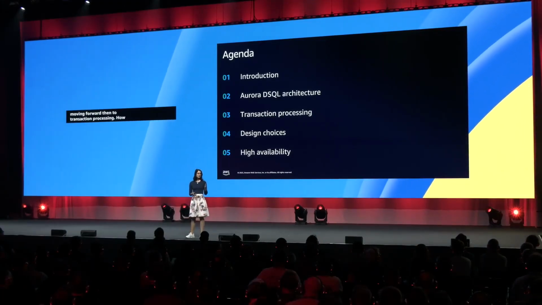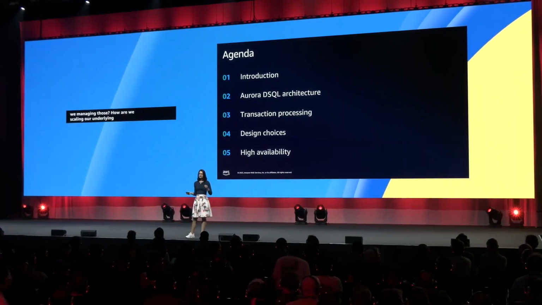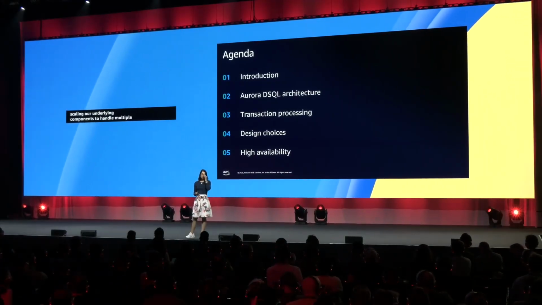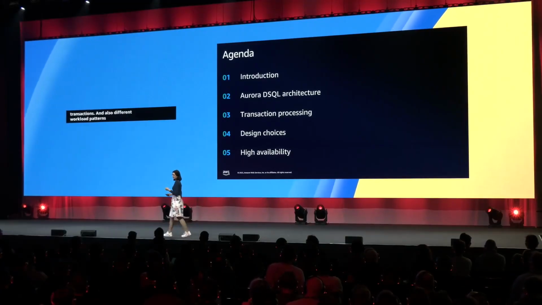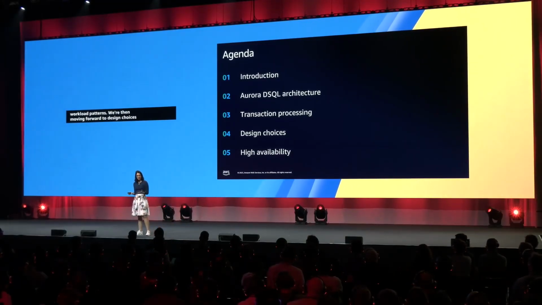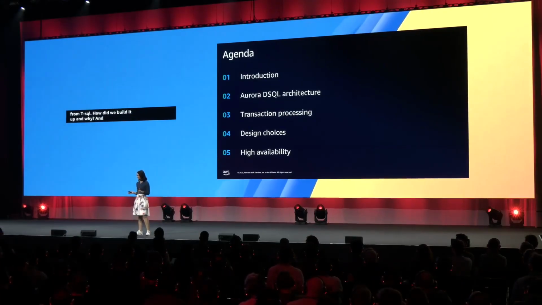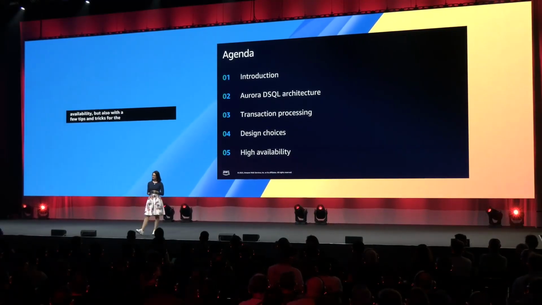How are we scaling our underlying components to handle multiple transactions and also different workload patterns? We're then moving forward to design choices from DSQL. How did we build it up and why? And we're going to close not only with high availability, but also with a few tips and tricks for the developers in here, how to make the most out of the service.